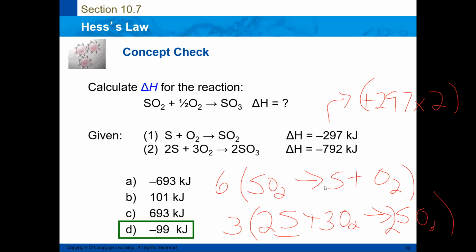Well, you have to look at it, and then when you see the reaction, this is going to end up with 6 O2s here, right? And you're going to have 6 S's plus 6 SO2s. On the bottom, you're going to have 3 times 2 is 6 S's, and they're going to be able to cancel. You see that? You're going to end up with 3 times 3, 9 O2s, which are not going to cancel.